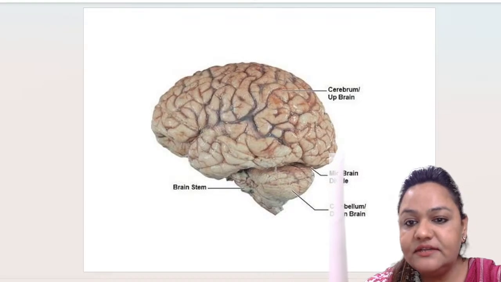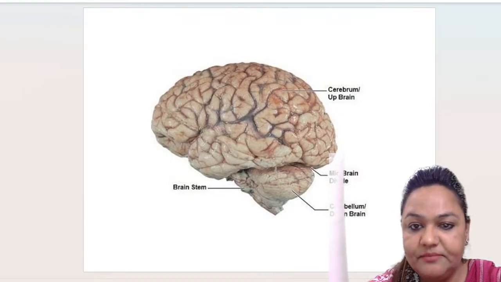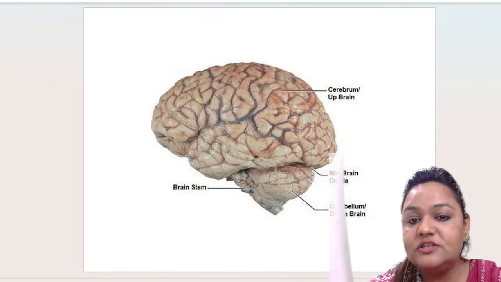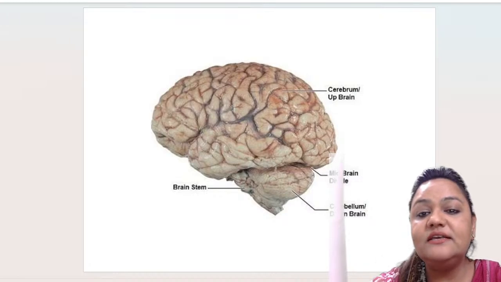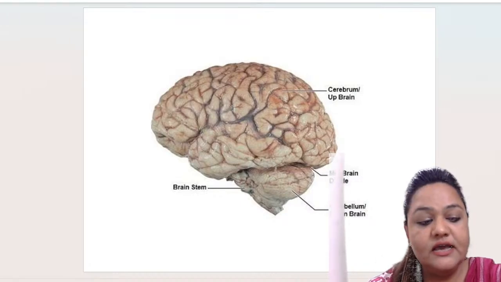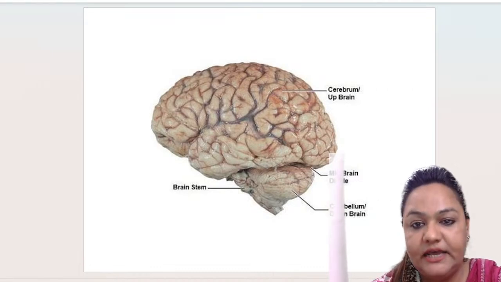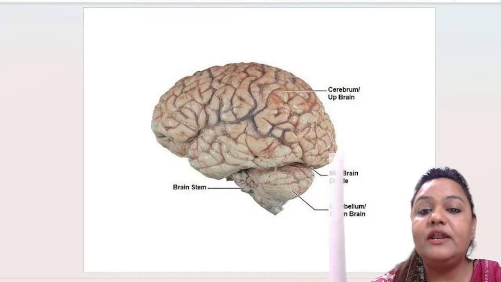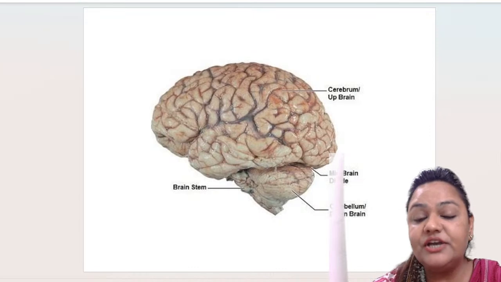This is the next image which is showing the superolateral surface of the cerebrum, and here you can see it has so many elevations and depressions on the surfaces. And why are these elevations and depressions present here? The reason is that the cerebrum has to accommodate into a cranial cavity, and this cranial cavity is a very small cavity, and the cerebrum is very large and extensive.